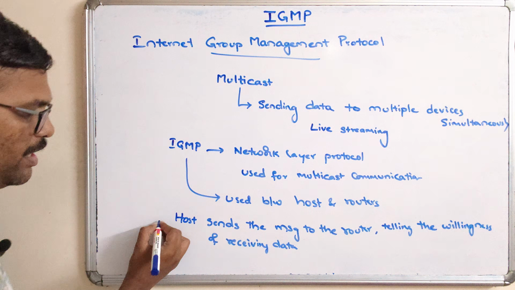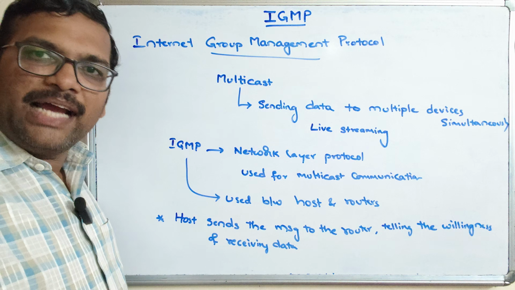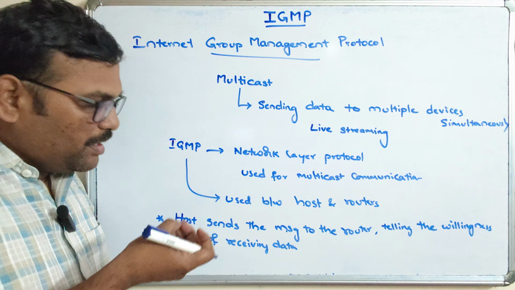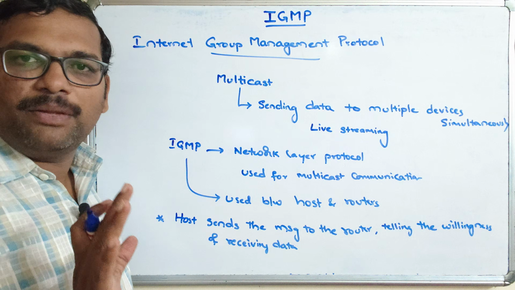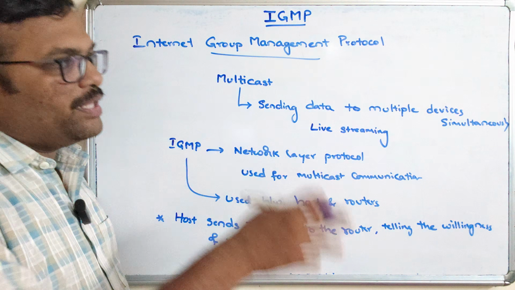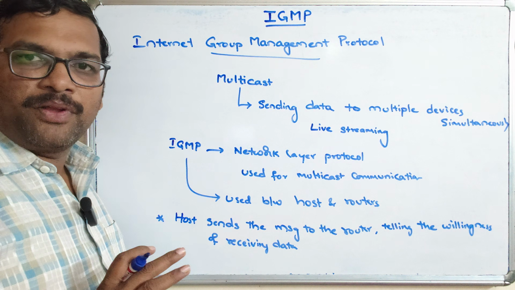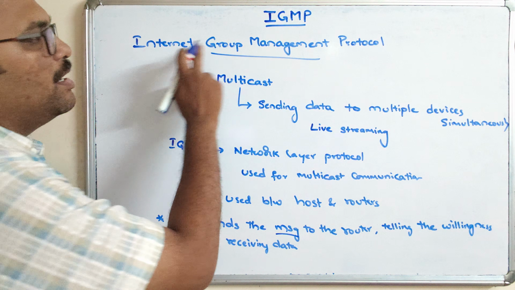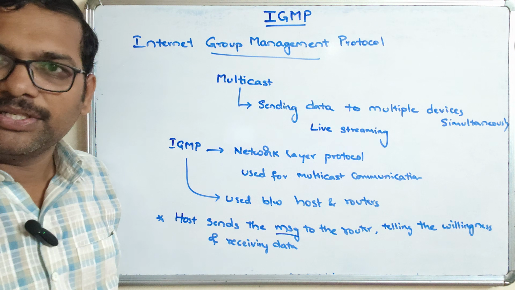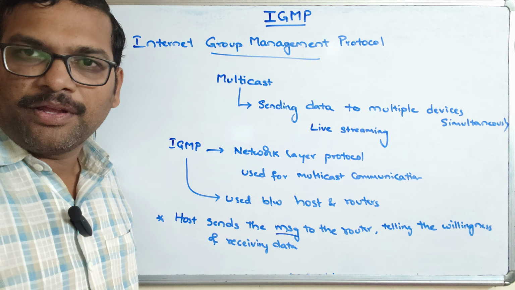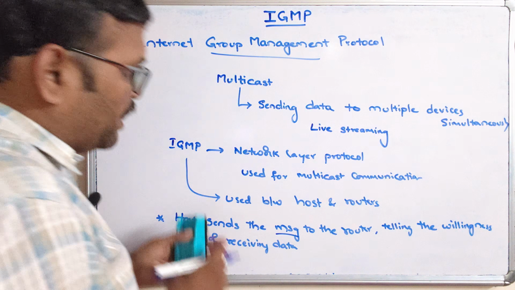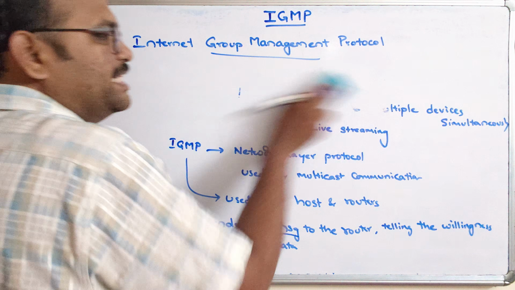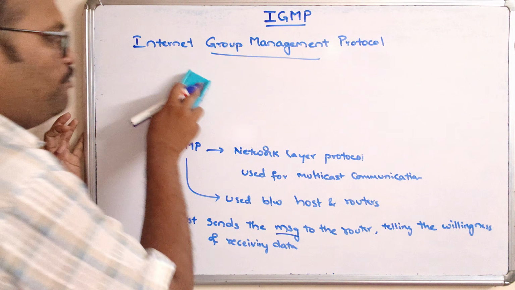So the host will send the IGMP message to the router, saying that particular device is ready to receive the message or to join the multicast group. Here the message is nothing but our IGMP message.